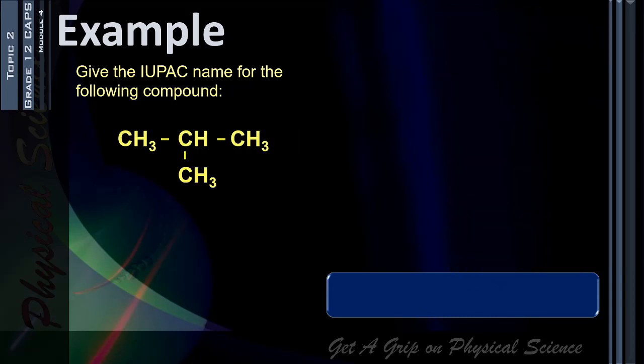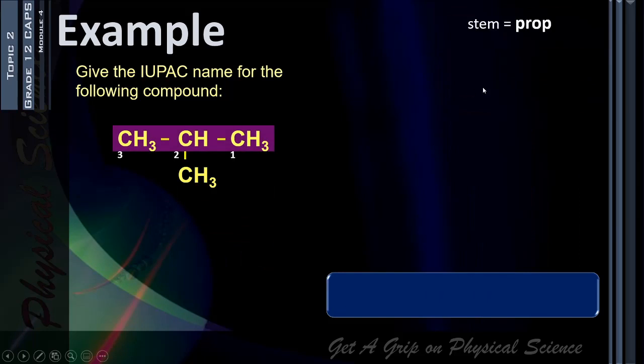The second molecule. So our first rule is to find the longest carbon chain. 3 carbons, so the stem name will be prop. There are only single bonds between the carbons, so this is an alkane. Then the second rule. We have to number the carbons to have the lowest number on the alkyl groups.